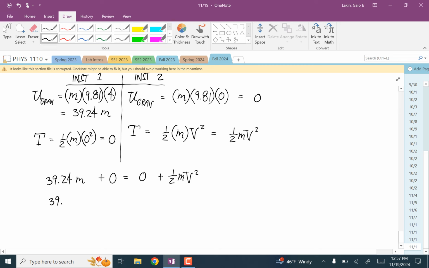So I'll rewrite that as 39.24 m is equal to 1/2 mv squared. And now you can see we can divide both sides by m. Both sides are multiplied by m. So we get 39.24 is equal to 1/2 v squared.